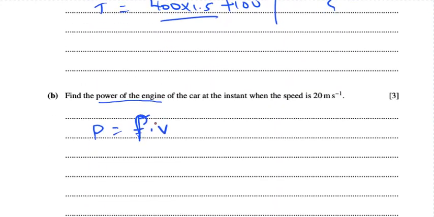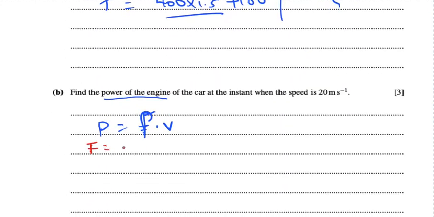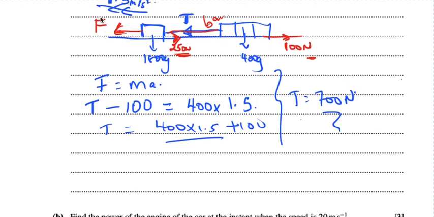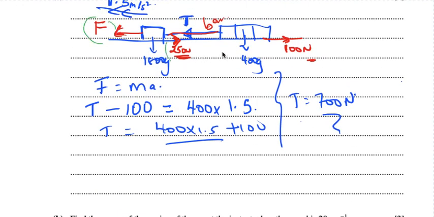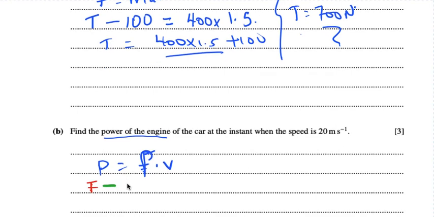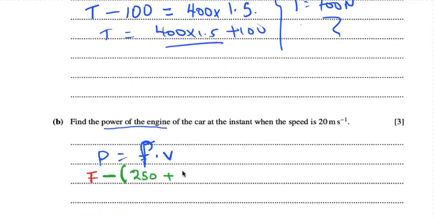So what we do, we shall say F minus, we are getting the resultant between this and these two, so F minus the two forces, 250 plus 100.